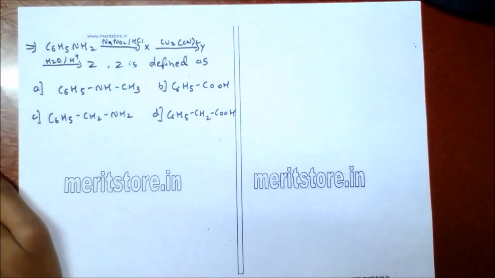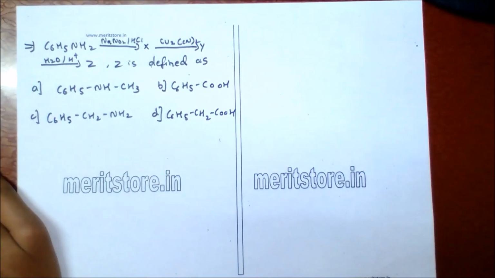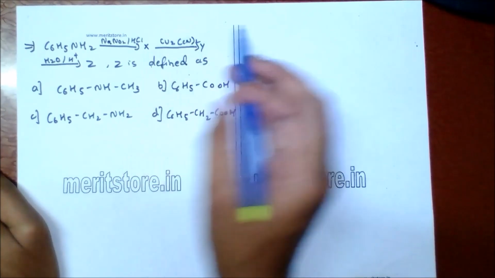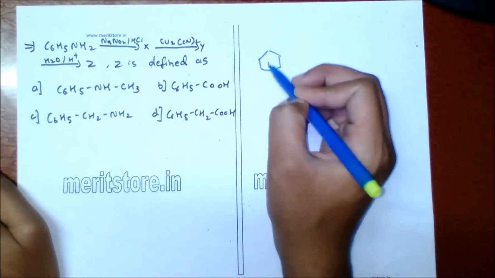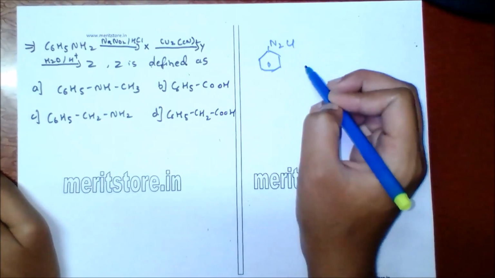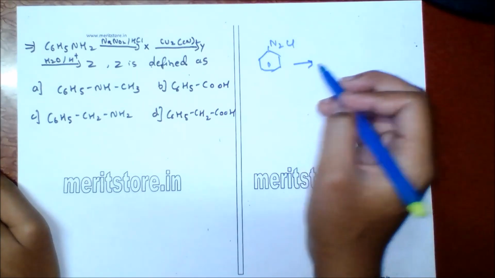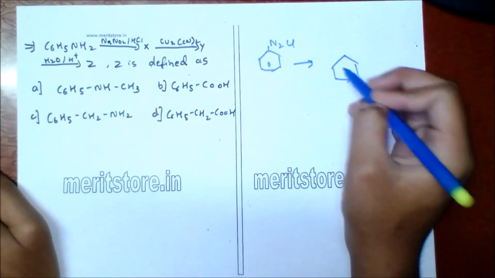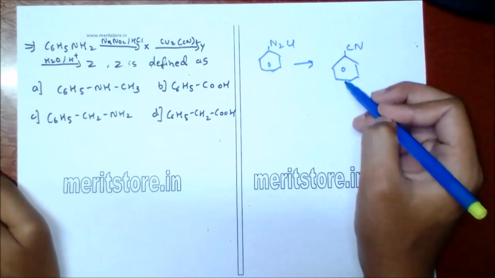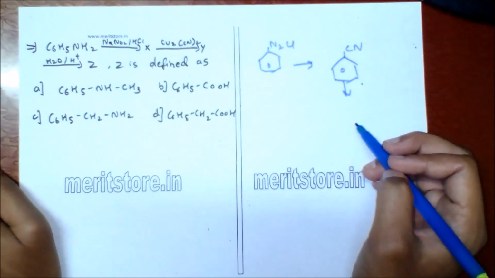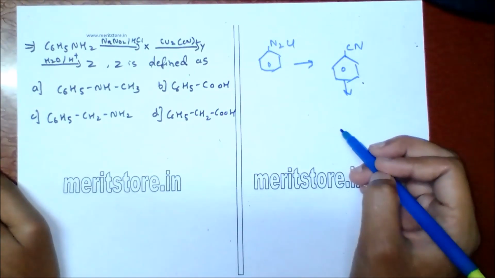When aniline reacts with NaNO2 and HCl, it gives X, which on further reaction gives Y and Z. So we have to find what Z is. When the amine reacts with NaNO2 and HCl, there is formation of benzene diazonium chloride, which on reaction with Cu2(CN)2 will give benzene cyanide, or nitrile, which on further reaction with water, hydrolysis takes place to form benzoic acid.